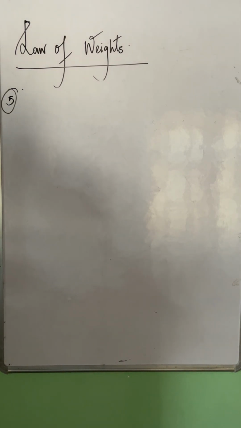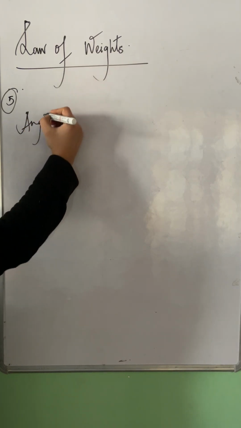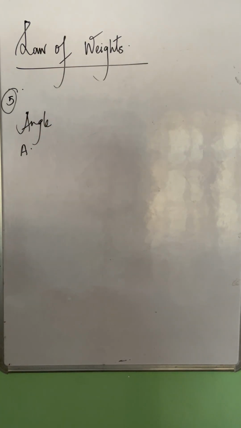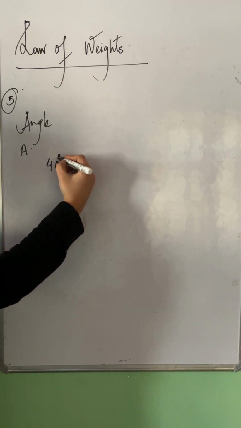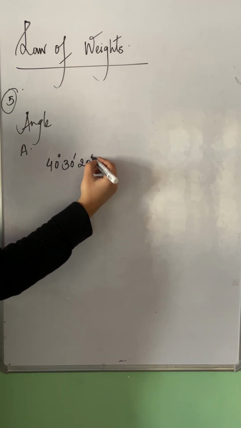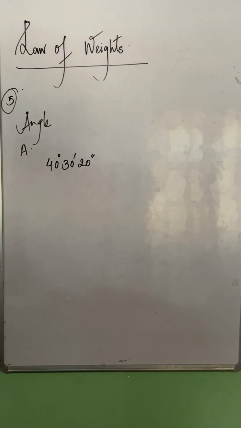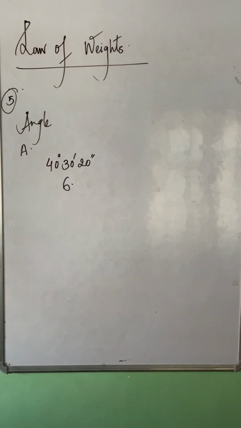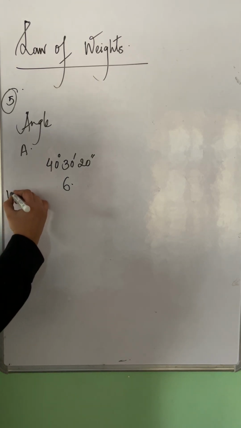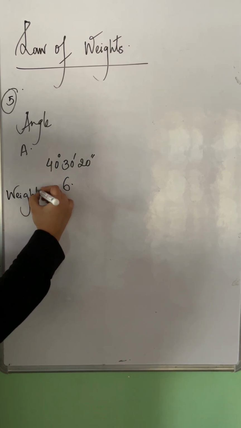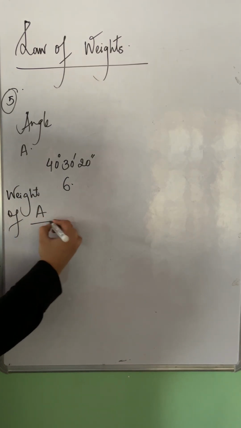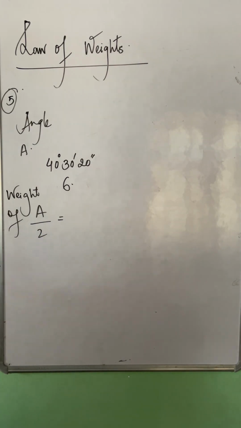For example, we have angle A, whose value is 40 degrees, 20 minutes and 30 seconds, and it has a weight of 6. And if the quantity is divided by a factor, let's suppose 2, the weight of A by 2 is equal to, what does the law say?